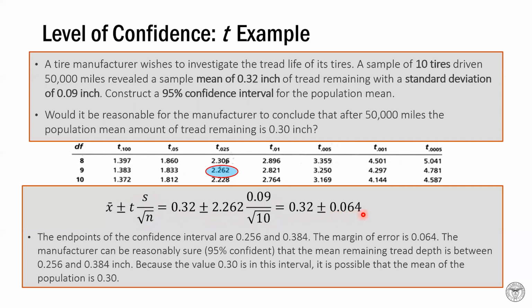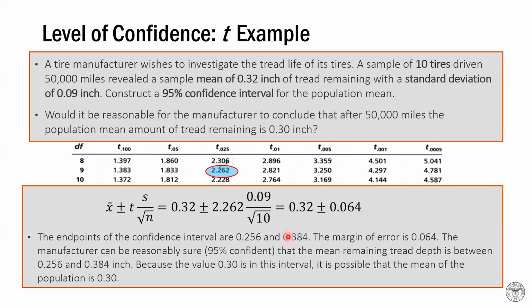In other words, the 95% confidence interval is given by the range from 0.256 to 0.384.